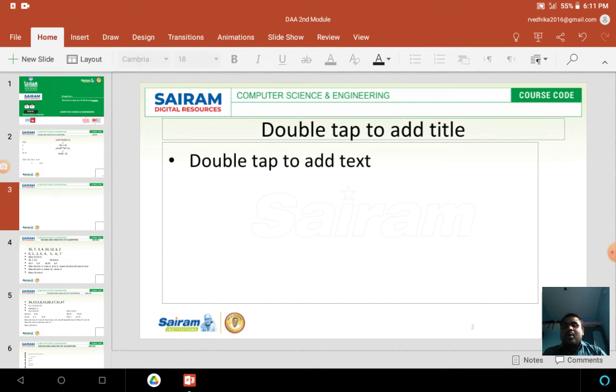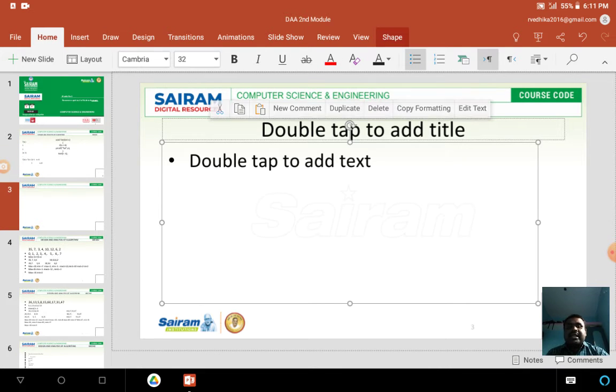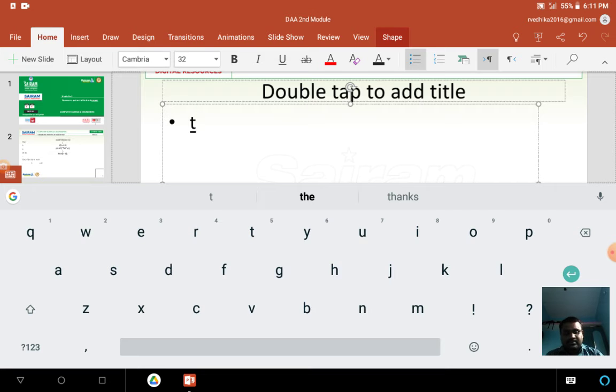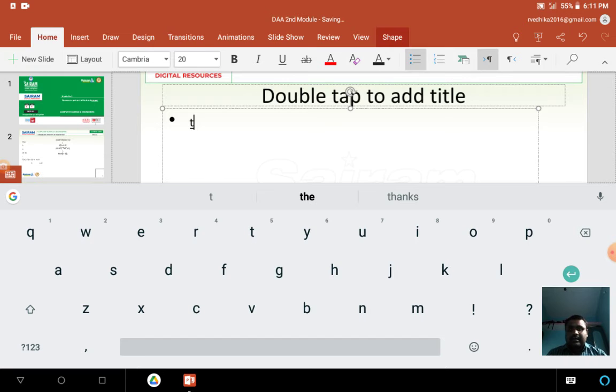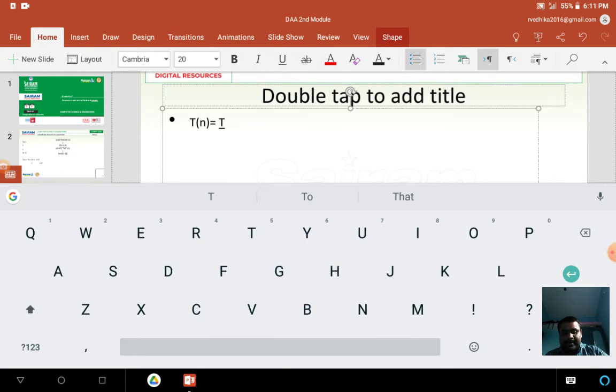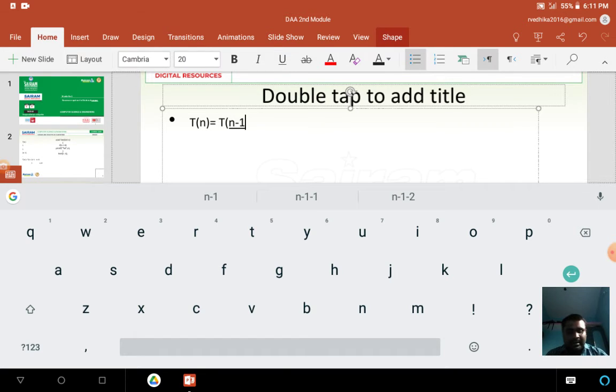I'll tell you now how to solve this equation. T of n is equal to T of n minus 1 plus 1.